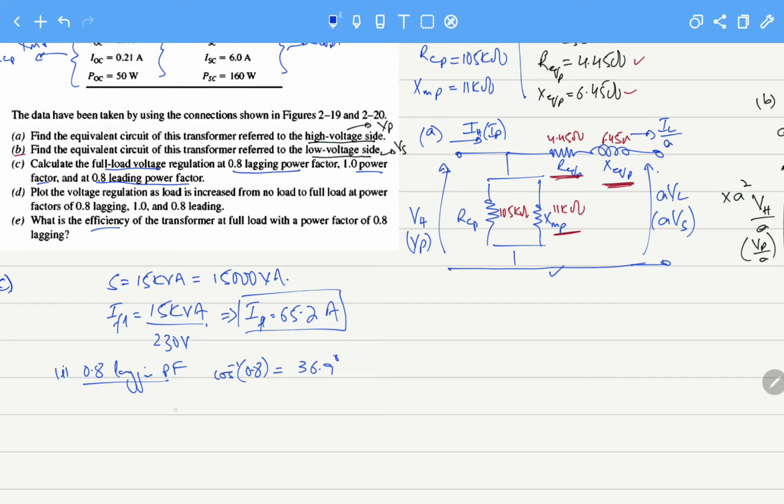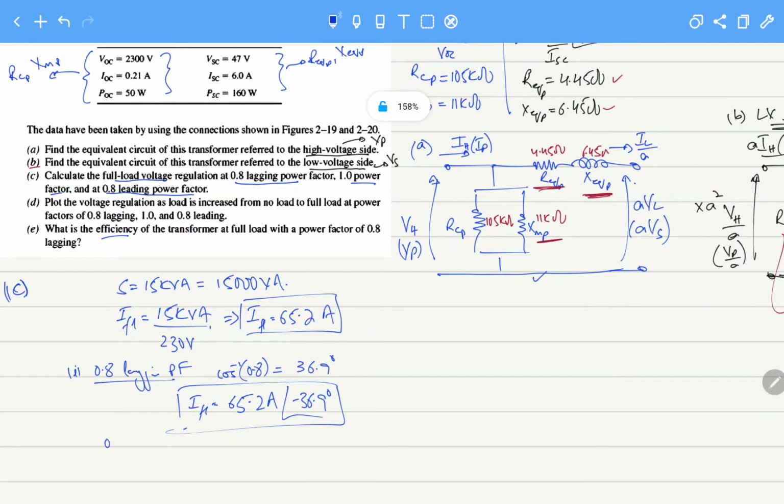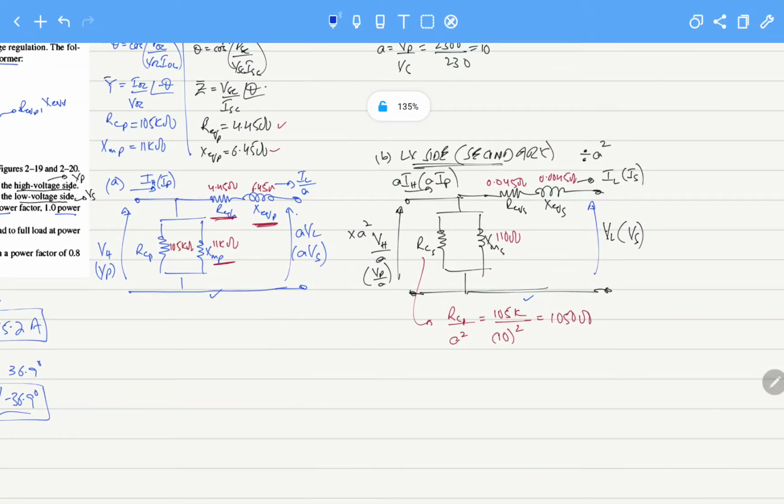And for lagging power factor, the current angle will be considered with a minus sign, as we have done previously also. So this will be the current for the lagging. Similarly for 0.8 leading, the current angle will be positive, and for unity the angle will be 0.